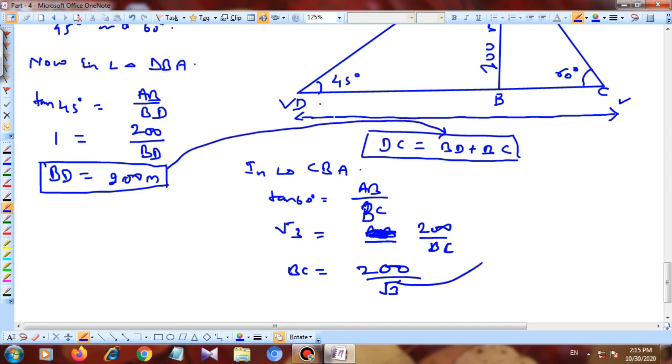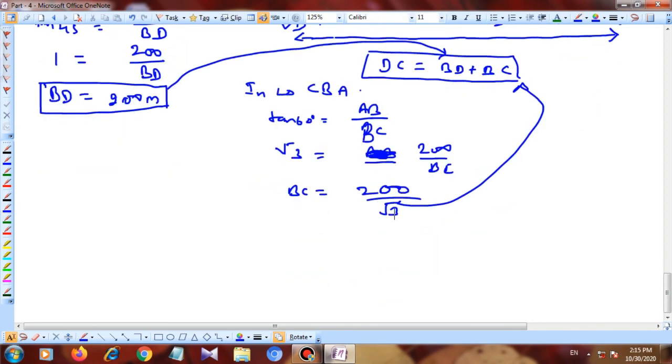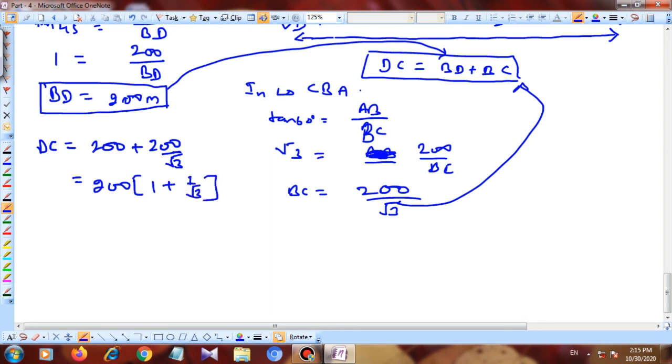and BC. Then you will get the width of the river DC. So DC equal to BD is 200 meter and BC is 200 by root 3. So this is 200 as common and this is 1 plus 1 by root 3.